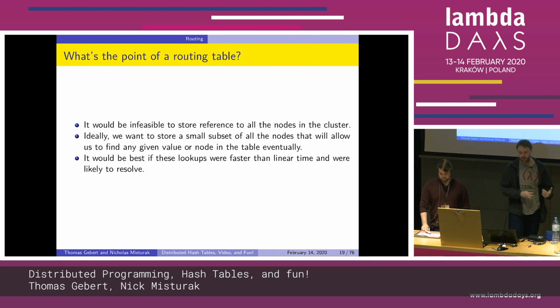So what we want to be able to do is store a very small subset of all the nodes in such a way that makes it easy to find any given node. And the best of these are faster than linear time. I guess that's the rule for life.